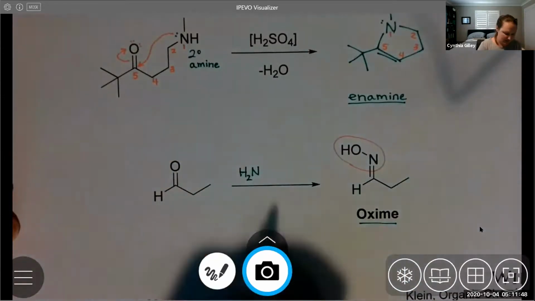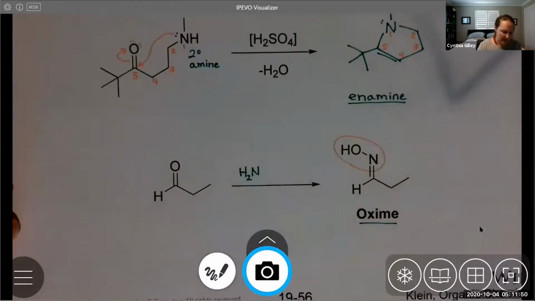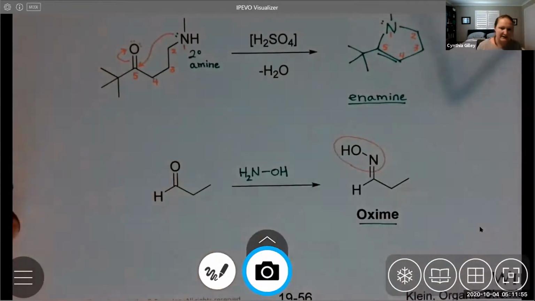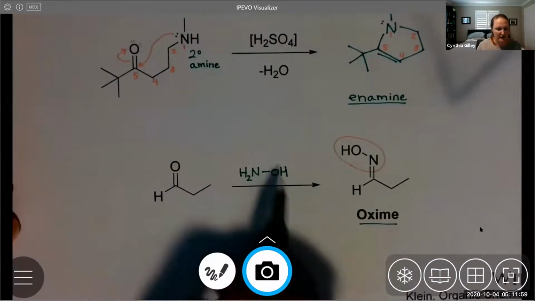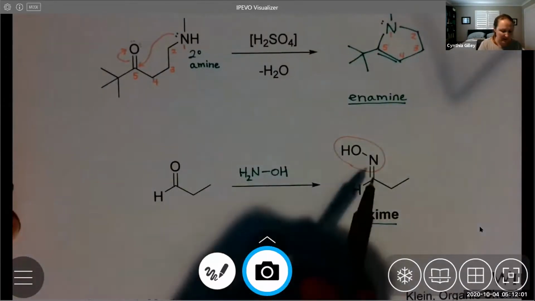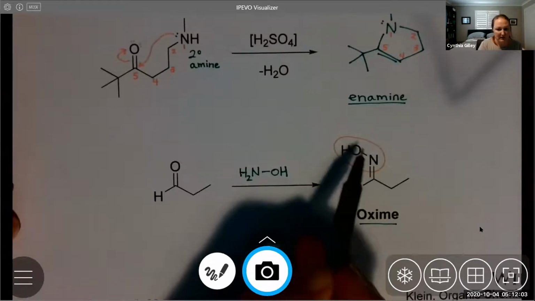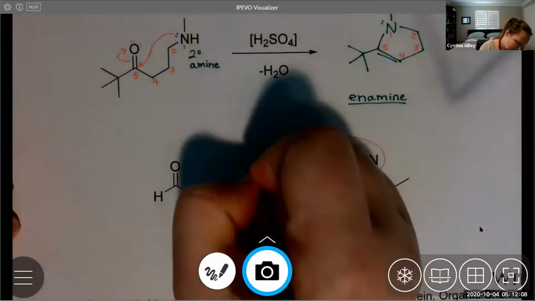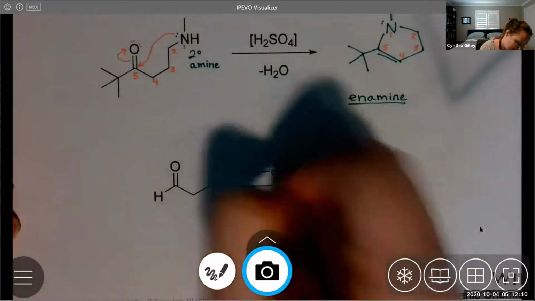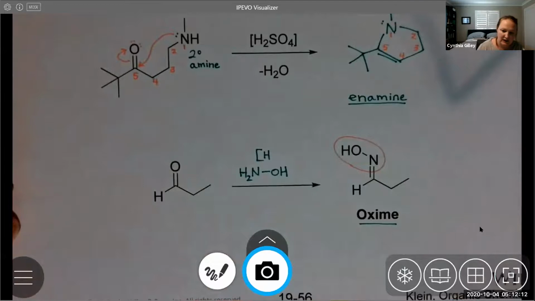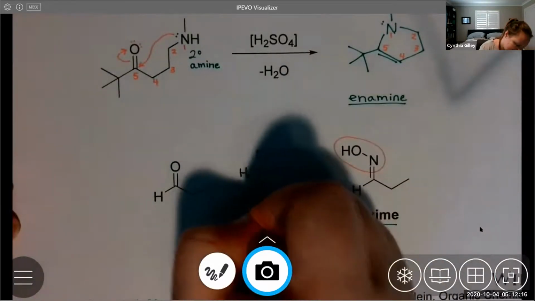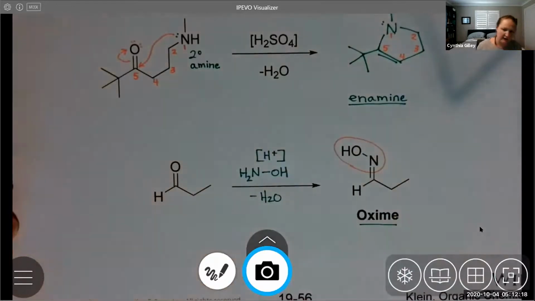That would be NH2 attached to R. My R in this case is OH, right? So that's kind of like my primary amine, where R in this case is OH. That forms something like an imine, but because this isn't an R group, they named it something else called an oxime. Any sort of imine or enamine or oxime or hydrazone formation will use an acid catalyst, and we will lose water in the reaction mixture.